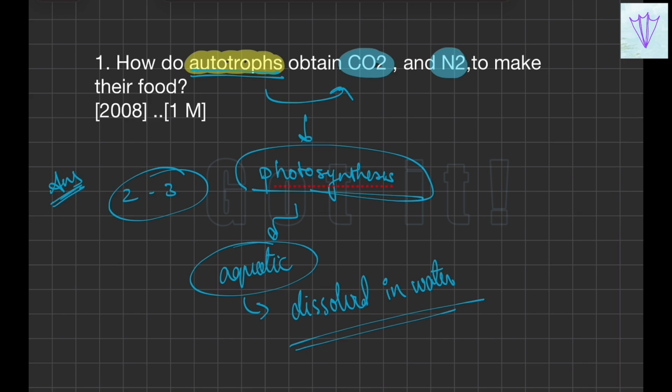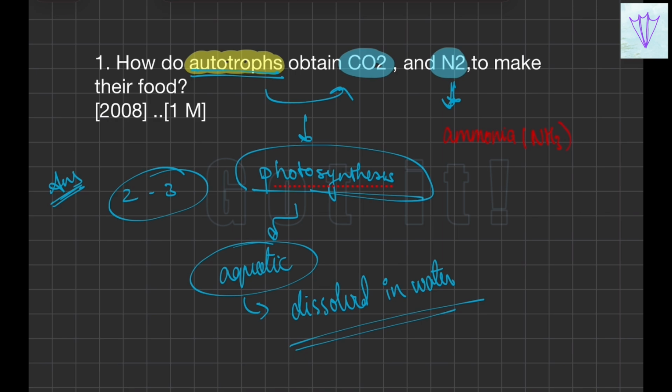When you have to speak of N2, which is nitrogen gas, how do the autotrophs obtain it? They obtain it by fixing atmospheric nitrogen into usable forms such as ammonia, NH3, via nitrogen fixation.